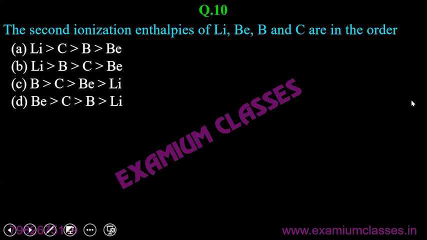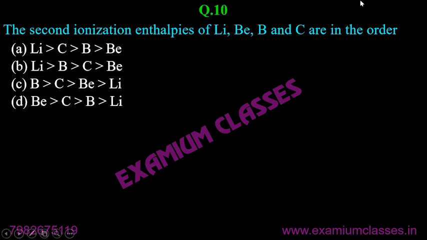Next one. The second ionization enthalpy of lithium, beryllium, boron, and carbon are in the order. You can try first before I tell you. You need to consider the hint I am giving.